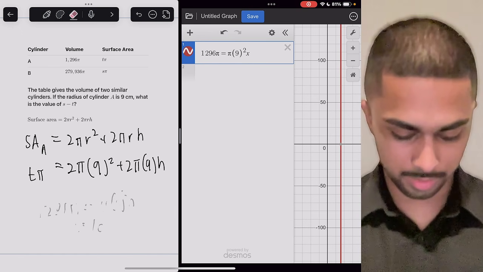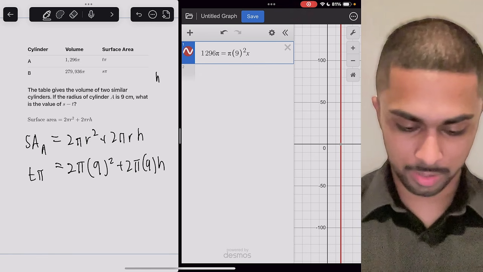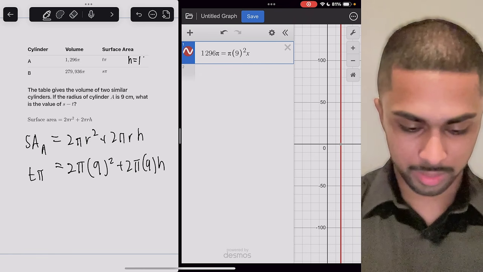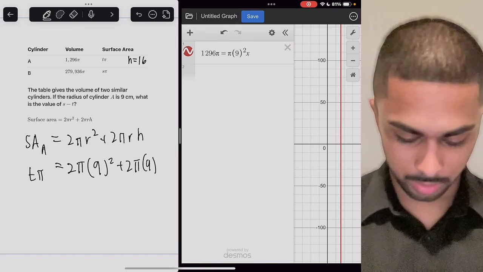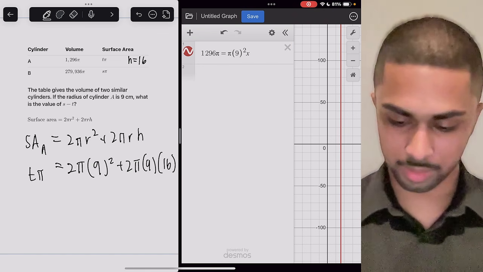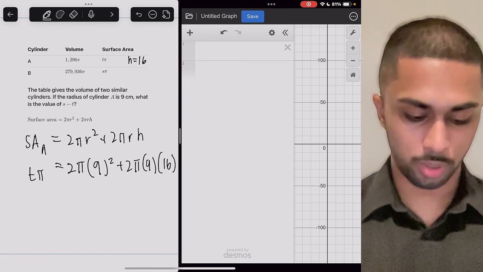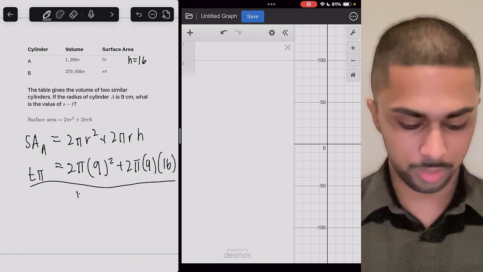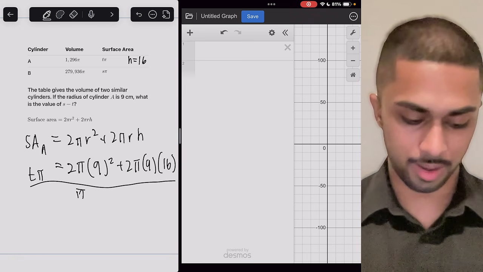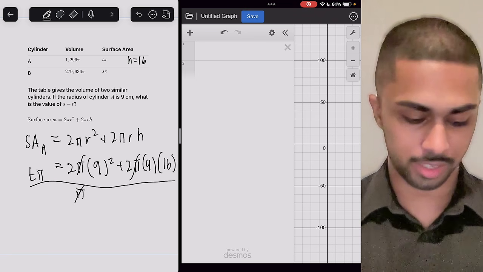We can erase this. Let's put this up here. H is equal to 16. So we can replace this with 16. And before we put all of this into the calculator, why don't we just divide everything by pi? So all of the pi's just cancel out.